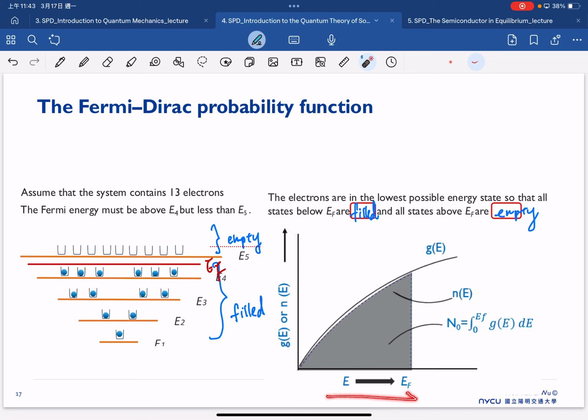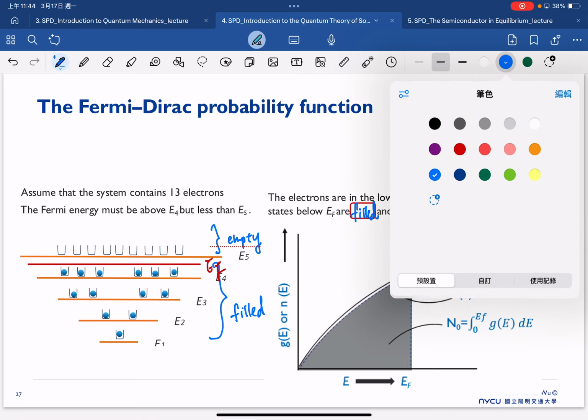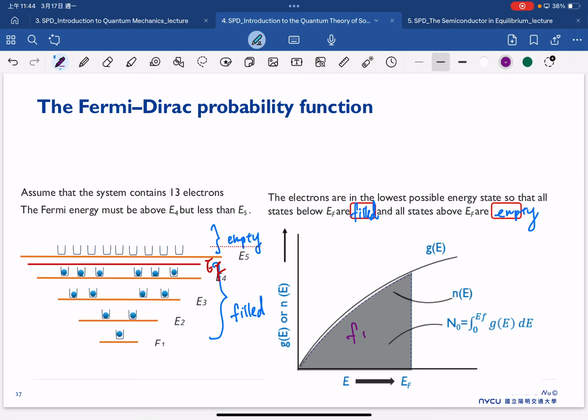This is E_F. Below E_F, every state is filled, and beyond E_F, these are all empty.